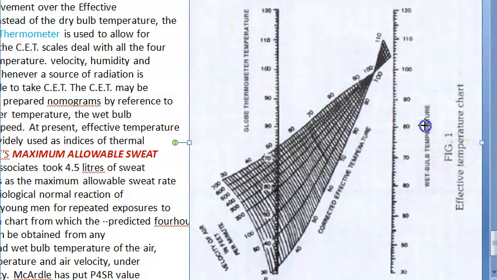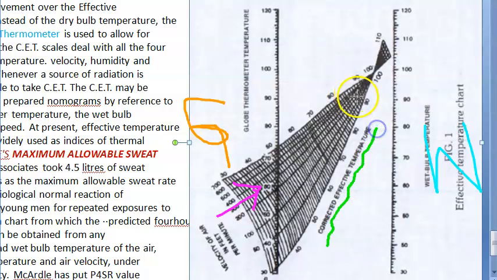Here you have the wet bulb temperature, and here you have the globe thermometer temperature. And here you have the velocity of air in feet per minute.